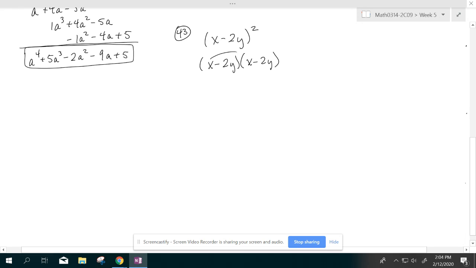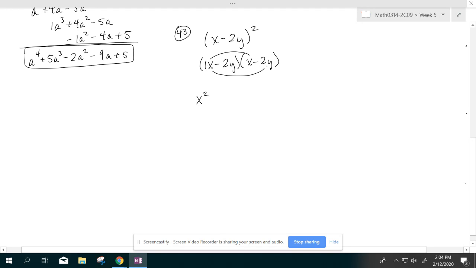Let's start. X times x, x squared. On the outside, x times negative 2y. If you break it down into the steps, the x has a coefficient of 1, right?